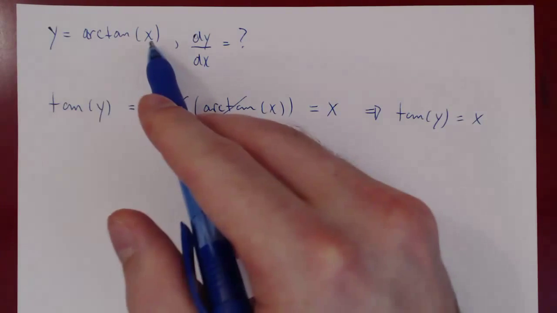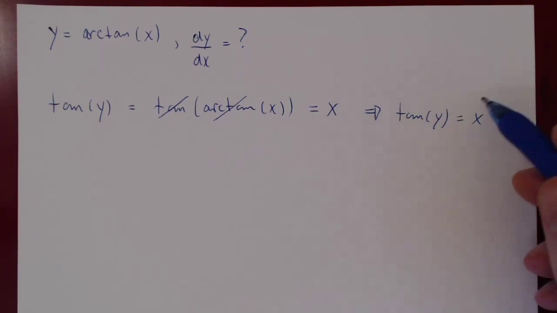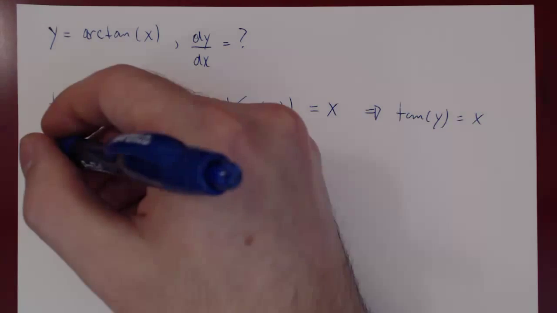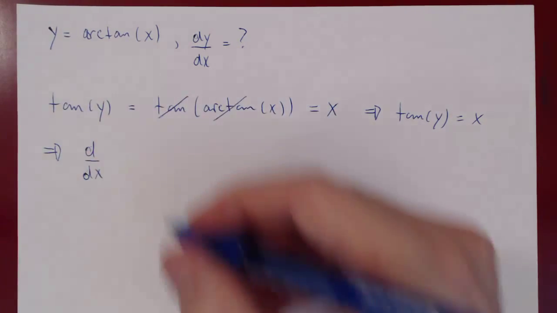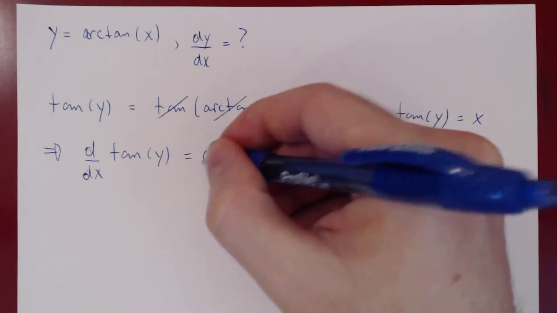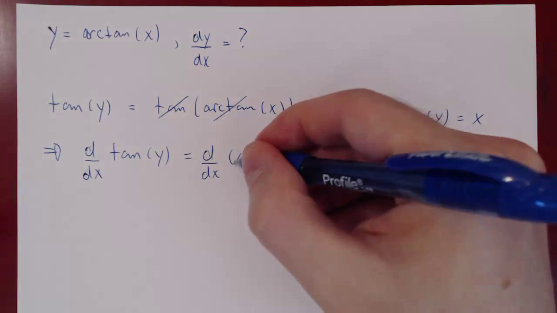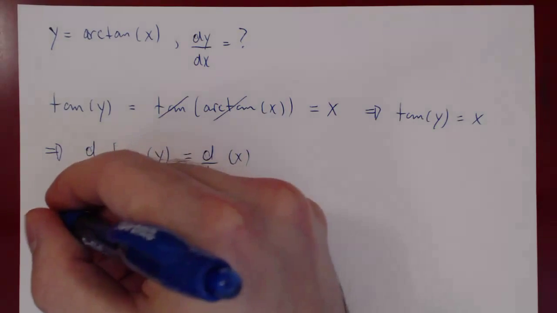Because we know y is a function of x. This is a function of x which is equal to another function of x, therefore they have the same derivative. So if we differentiate the left-hand side with respect to x, and that is tangent of y, this will be the same as the derivative of the right-hand side, which is x. So let's differentiate.